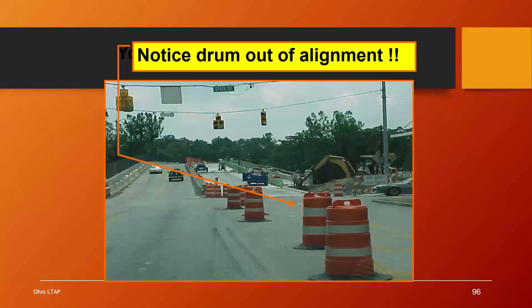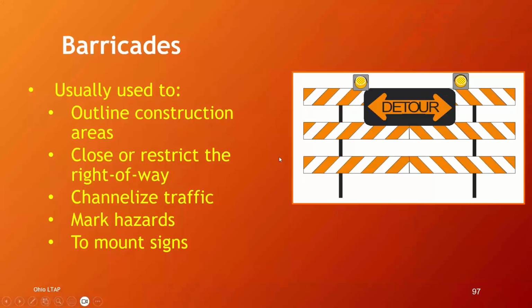And we need to make sure our channelizing devices stay in alignment. That's why, if you're going to be out there for well over an hour, between 1 to 12 hours, you need to routinely check on your signs and cones to make sure that everything is still in place.